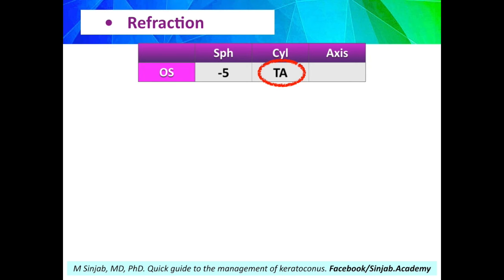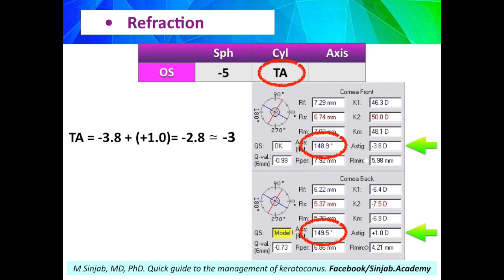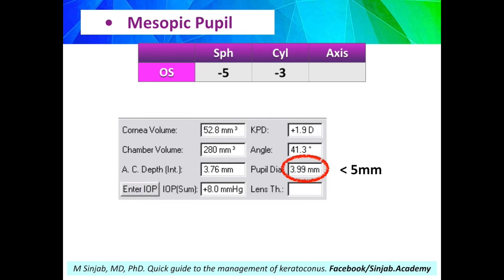We go for the topographic astigmatism. It is the algebraic sum of both surfaces, and in this case, it is almost -3 diopters. The mesopic pupil is smaller than 5 millimeter.